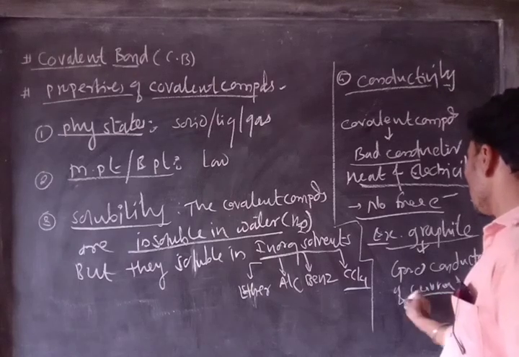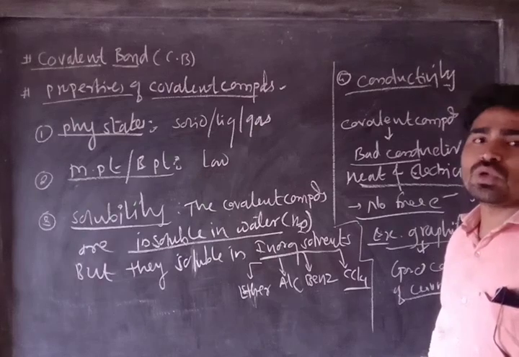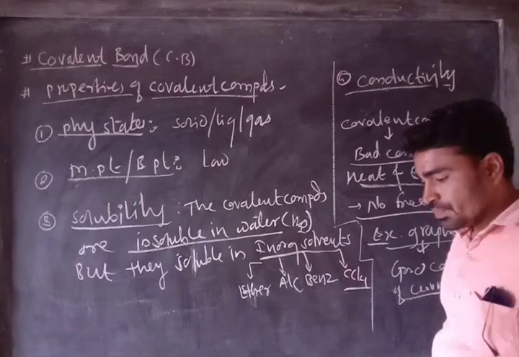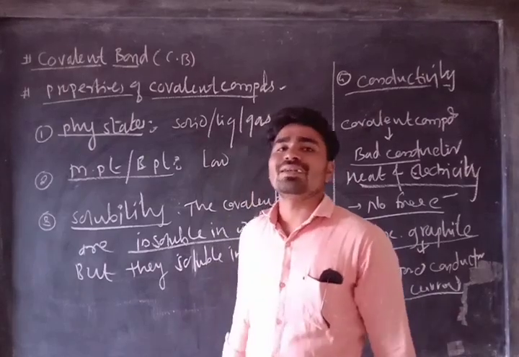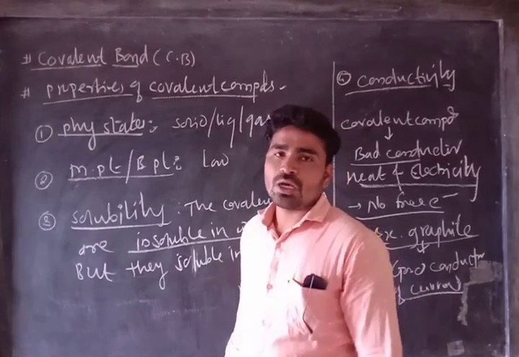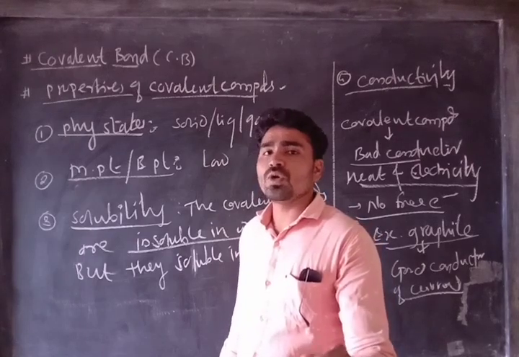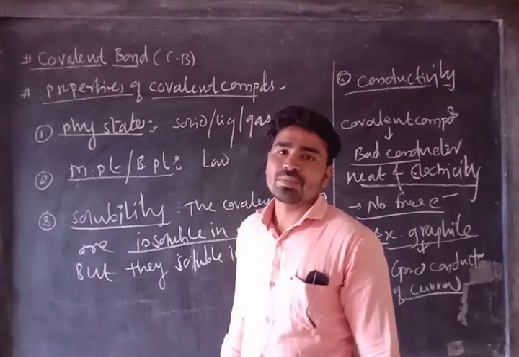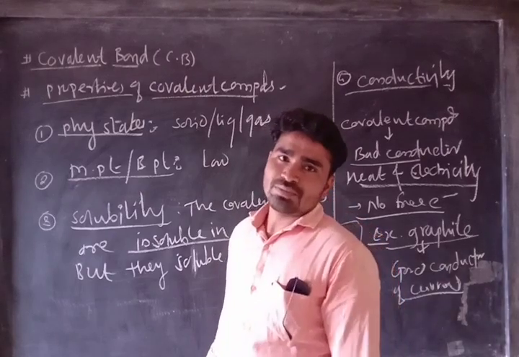You can also do the experiment in the school, not at home. At the two ends of your lead pencil, you can connect a small battery, and you can connect one small LED bulb to it.